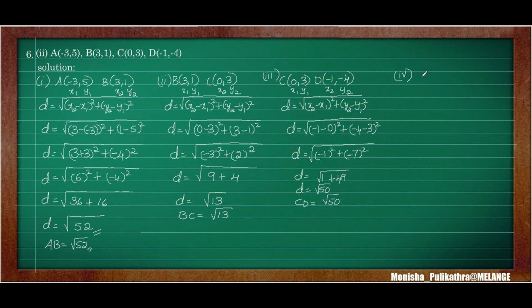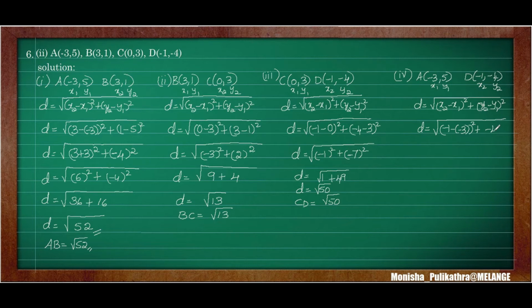So next, the fourth one is AD. A is equal to (-3, 5) and D is equal to (-1, -4). Okay, so let this be x1, y1 and this be x2, y2. Apply the distance formula. D is equal to square root of (x2 minus x1) whole square plus (y2 minus y1) whole square. So x2 is minus 1 and x1 is minus 3, so put a bracket here and write minus 3.